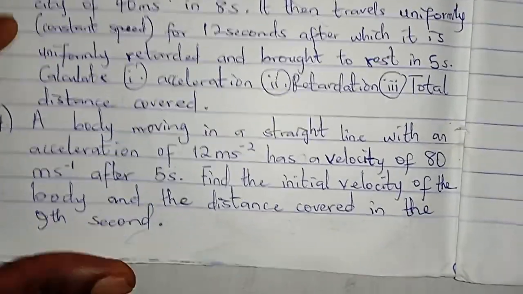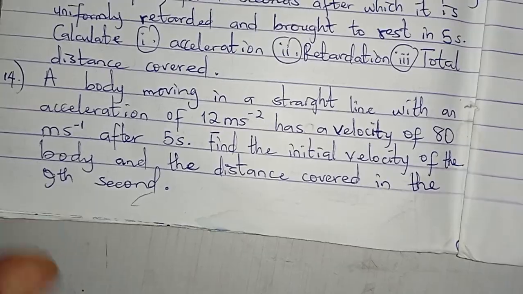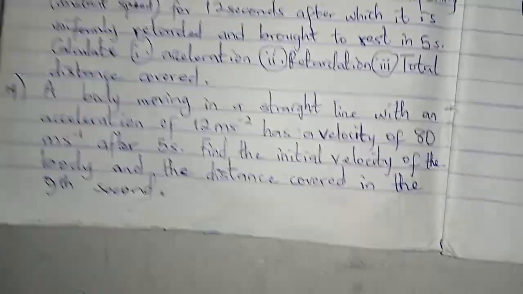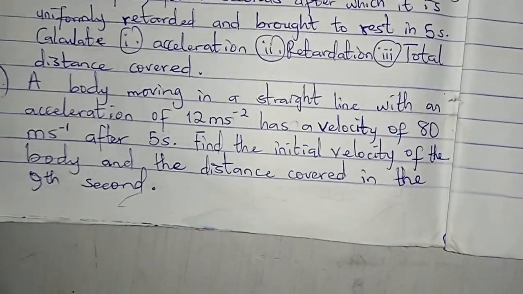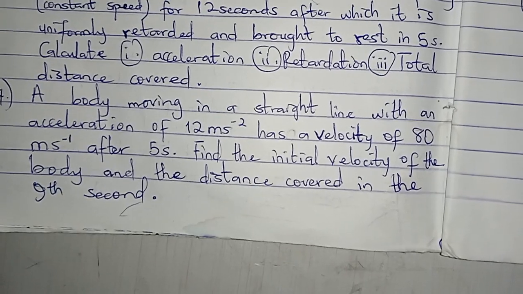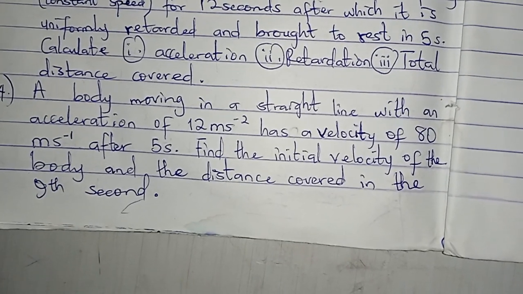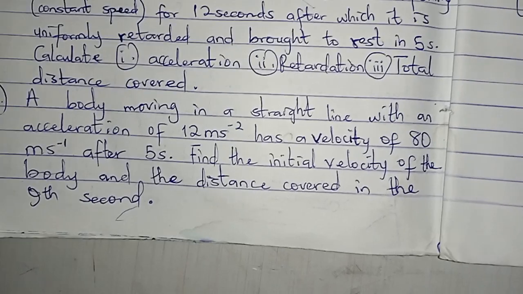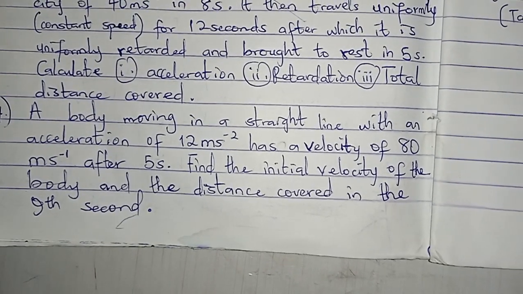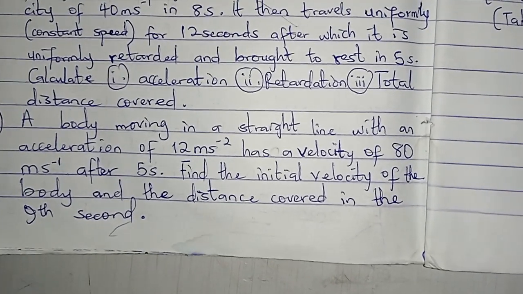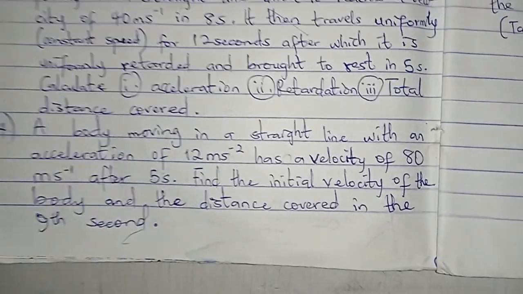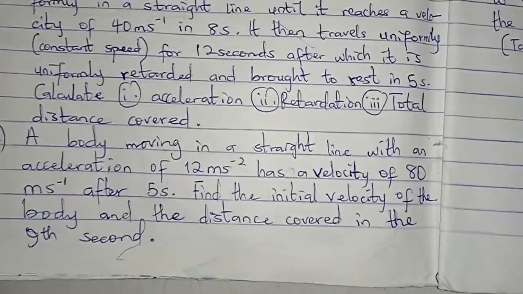A body moving in a straight line with an acceleration of 12 meters per second has a velocity of 80 meters per second after 5 seconds. Find the initial velocity of the body and the distance covered in the 9th second. Another big one. So let's solve.